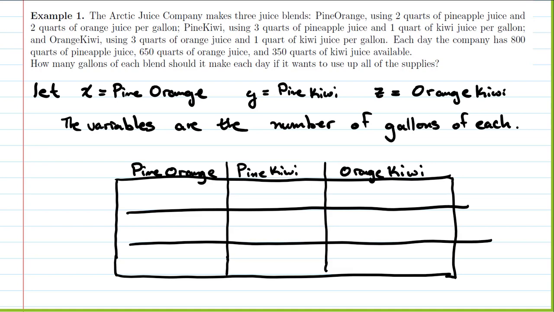So I have pineapple and orange. And the third type of juice is kiwi, right? So for pine orange, how many quarts of pineapple juice am I going to use? 2. How many quarts of orange juice am I going to use? 2. And how many quarts of kiwi juice do I use? There's none in the recipe, so 0, right?